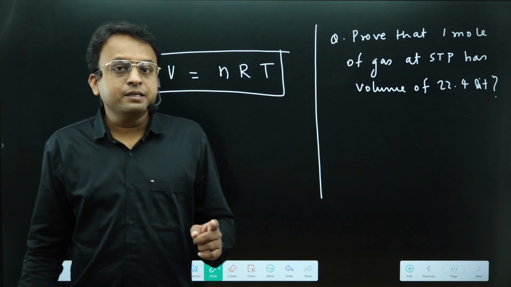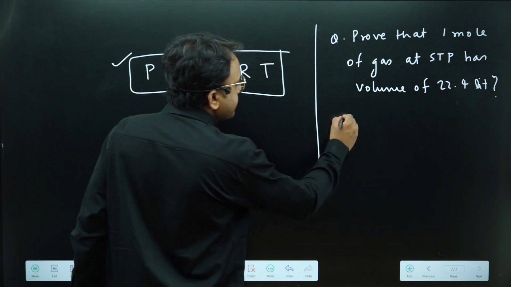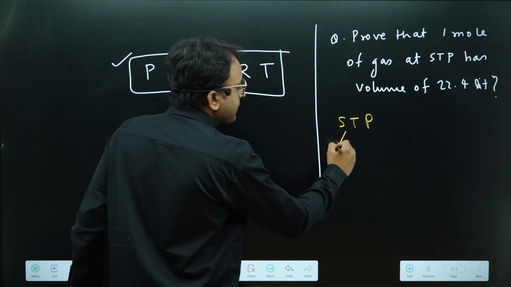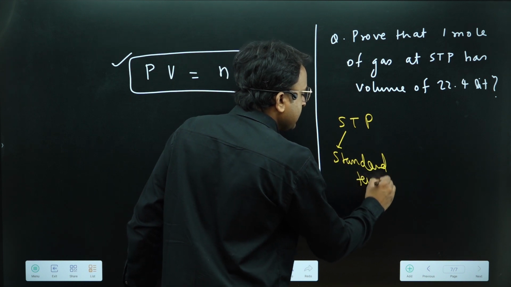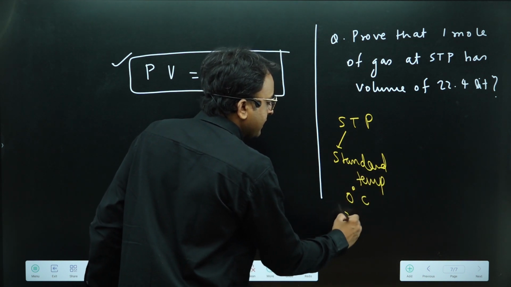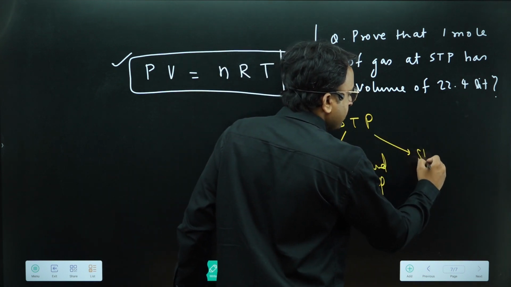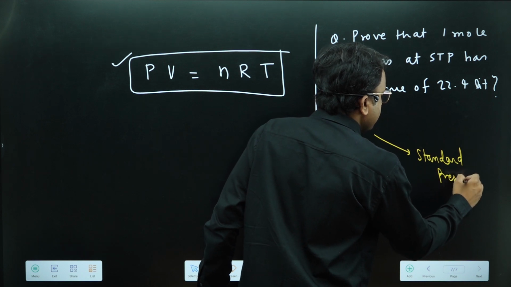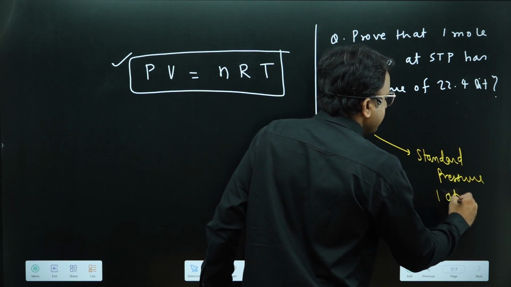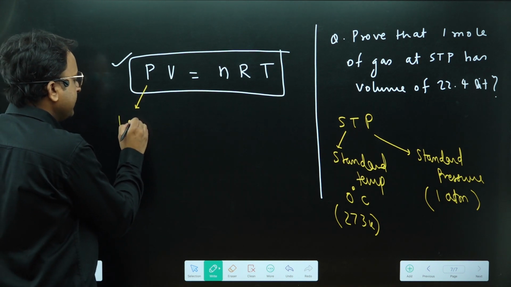STP, standard temperature. Standard temperature is 0 degree centigrade or 273 Kelvin, and standard pressure is 1 atm. So pressure is 1 atm.